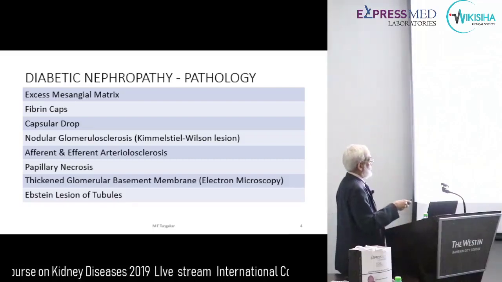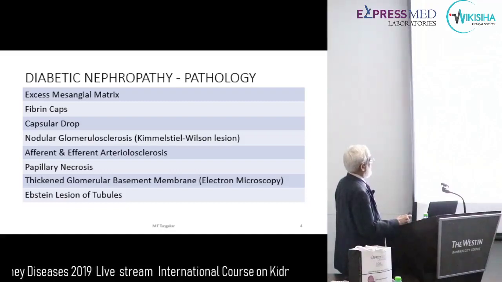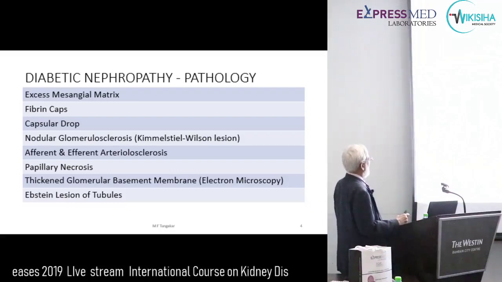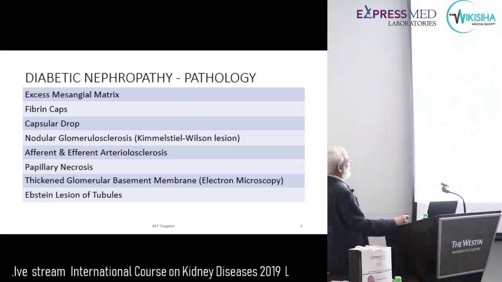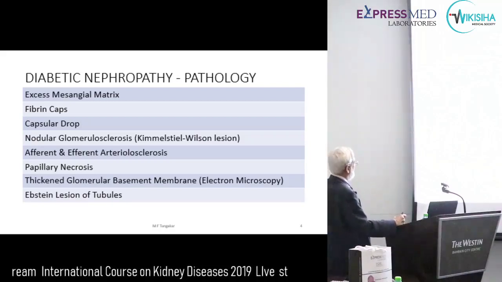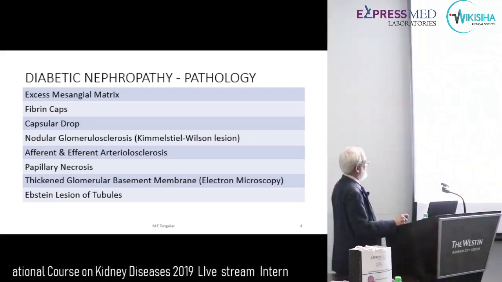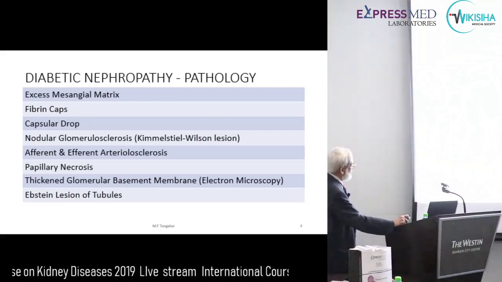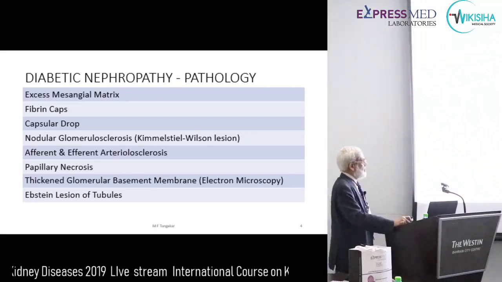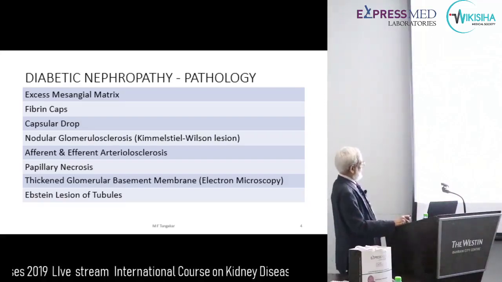Nodular glomerulosclerosis, the Kimmelstiel-Wilson lesion, is supposed to be a hallmark of diabetic nephropathy, but as I will show you later, it can be seen in a few other conditions as well. You get arteriolosclerosis of both afferent and efferent arteries. If you see only afferent arteriolosclerosis, that can be a part of hypertension, and often it is combined with diabetes.